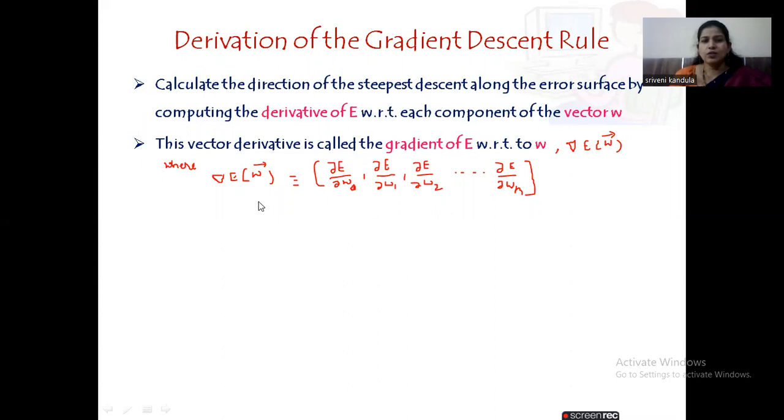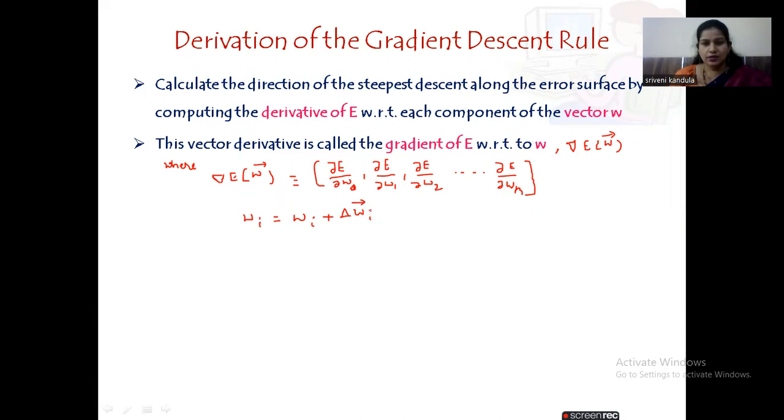Now, similar to the perceptron training rule, whenever we want to update a weight, we add a correction to the actual weight. That is, Wi becomes Wi plus ΔWi, where ΔW is a vector.